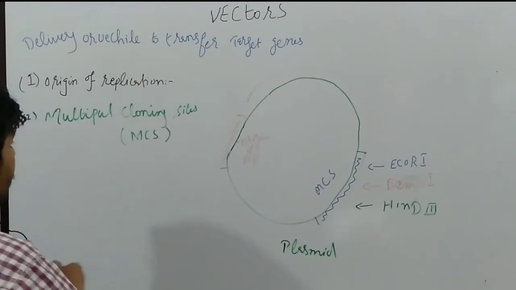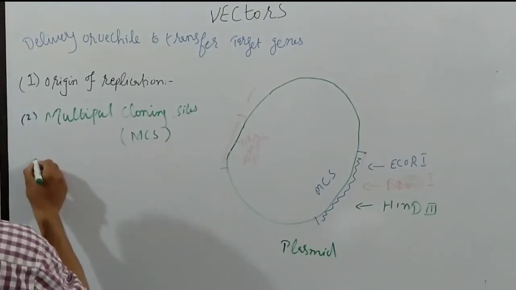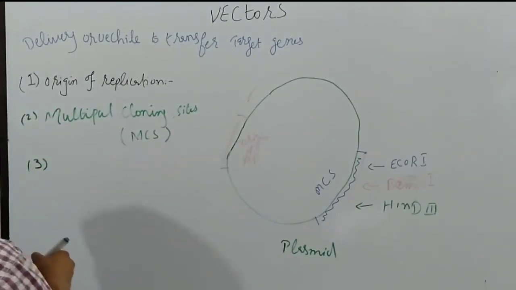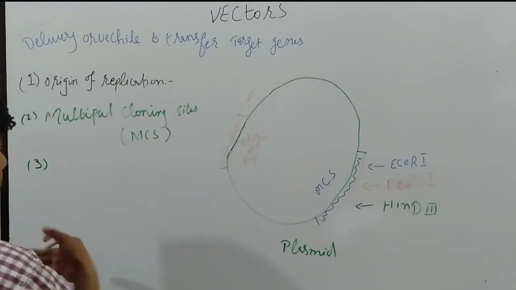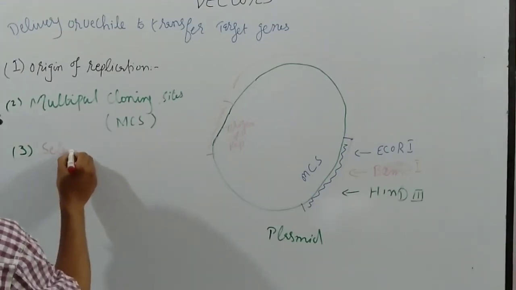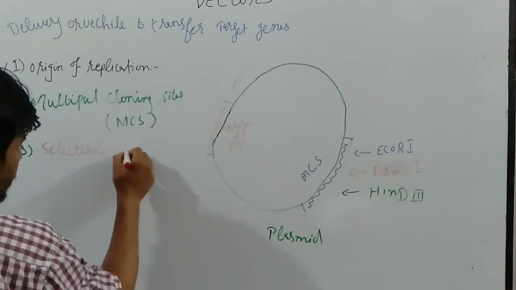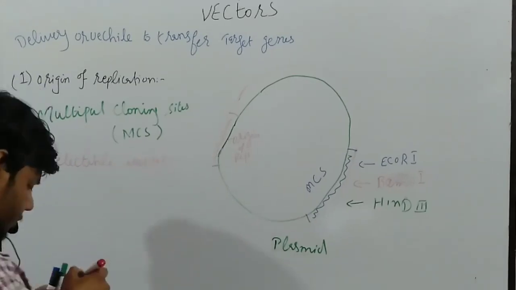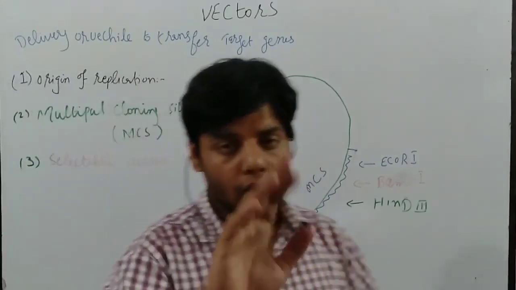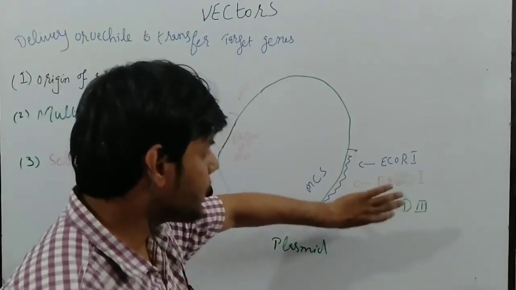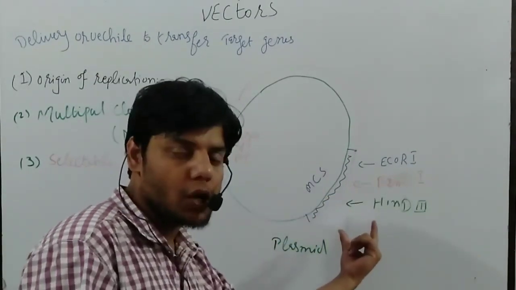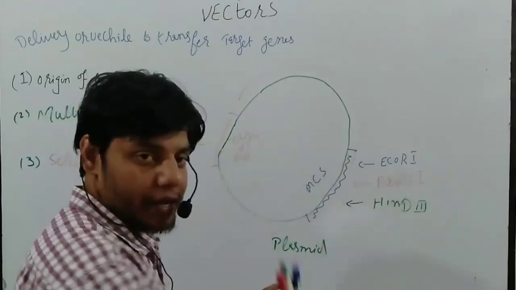Now the third property a vector should have is a selectable marker. Let me tell you what actually happens once we insert our gene of interest into a vector.